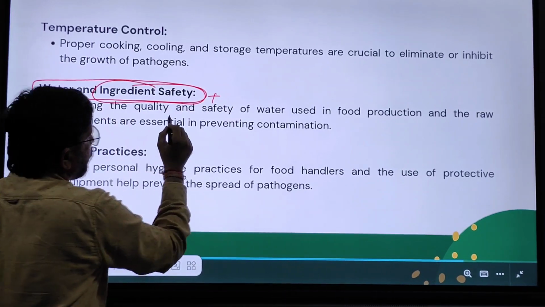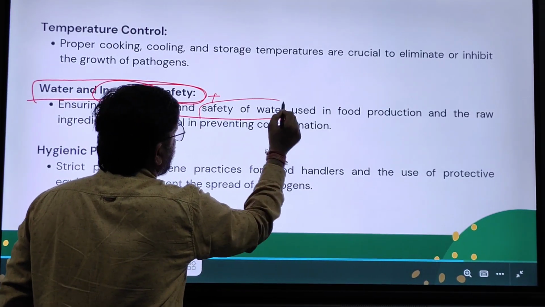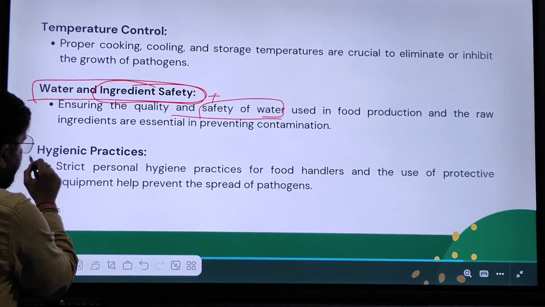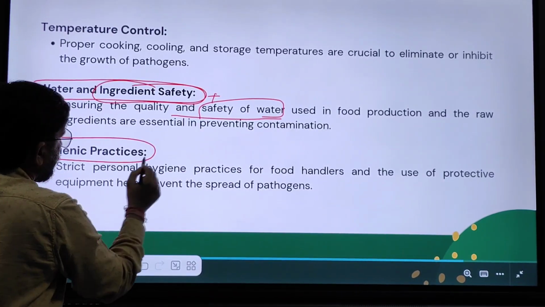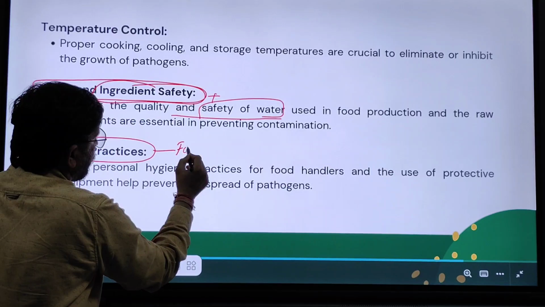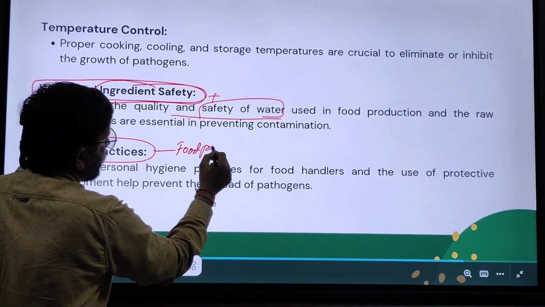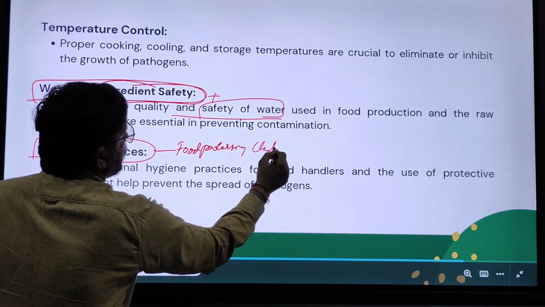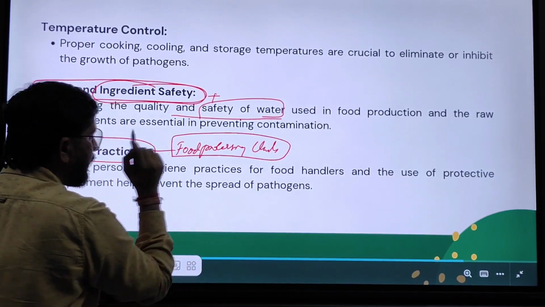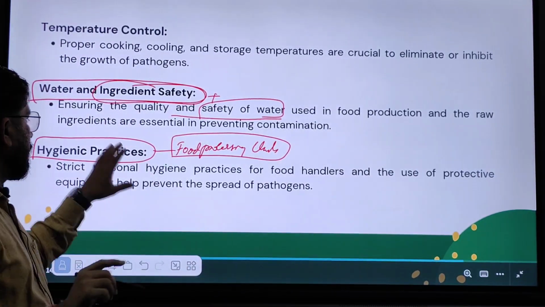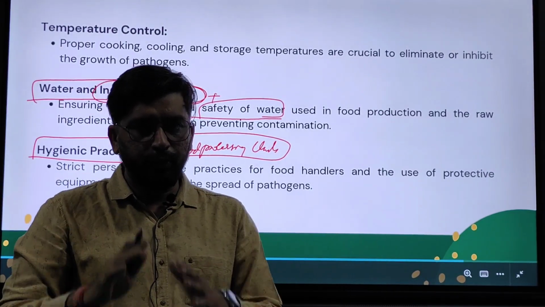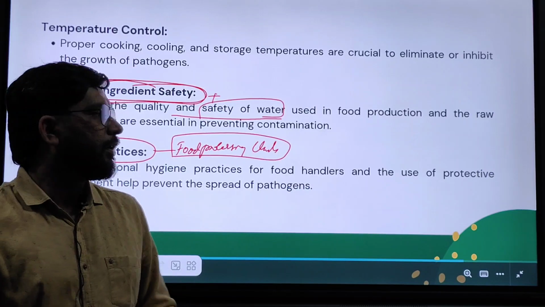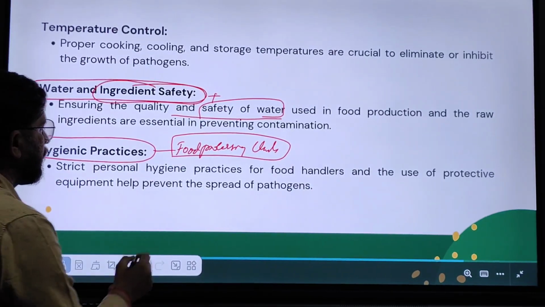We need to always monitor the safety of the water used for the food production, and hygienic practice at the food processing units is highly desirable, where the individuals who are working, the utensils or the fermenters or the instruments they are using should be hygienic.